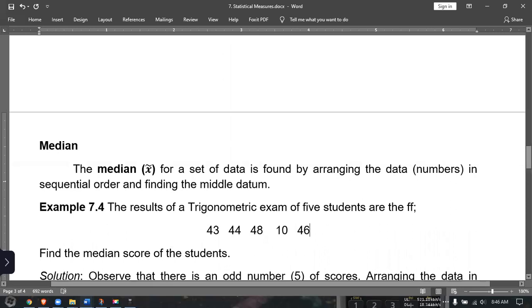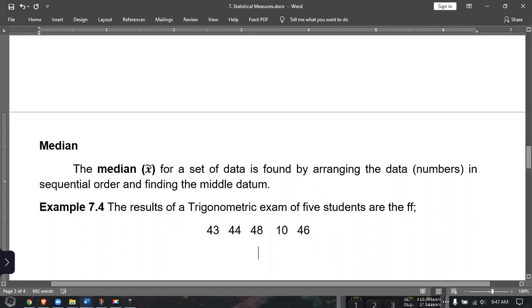Okay, arrange them in sequential order. The lowest is 40. Next, 43, 44, 46, and 48.